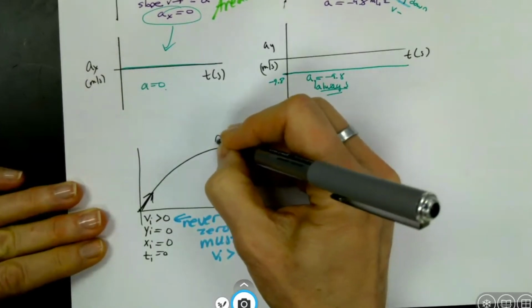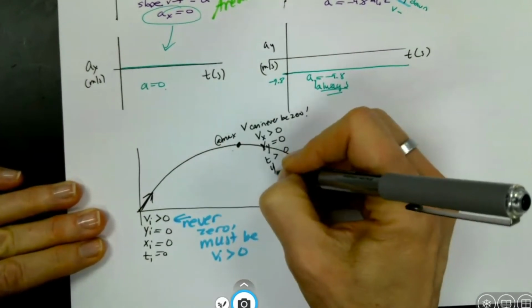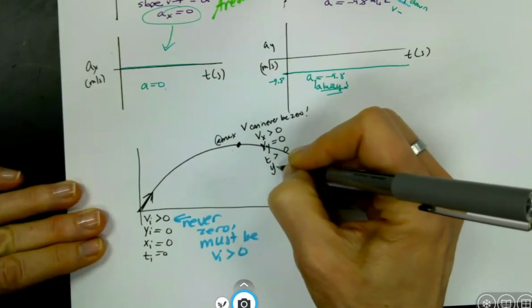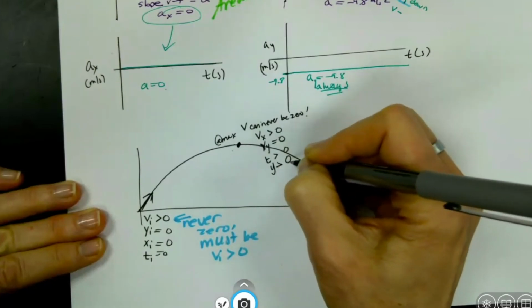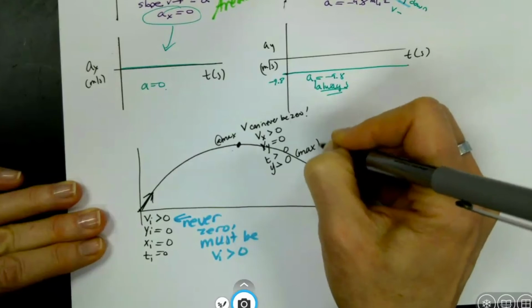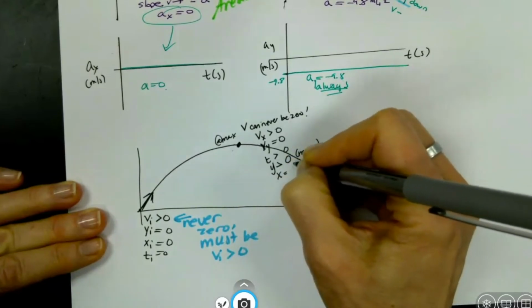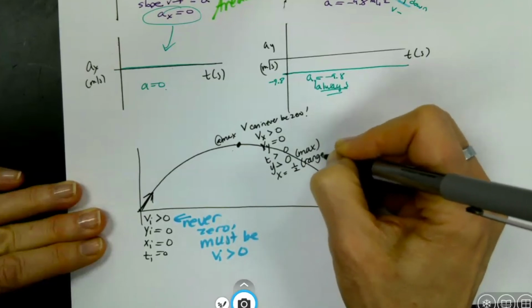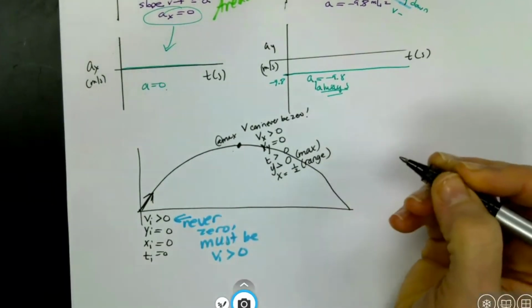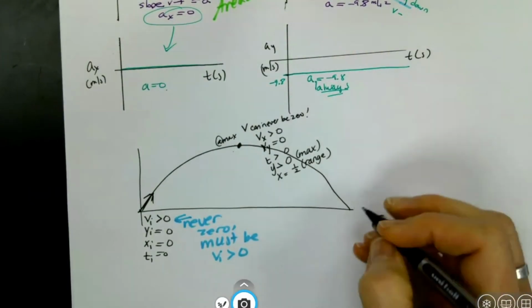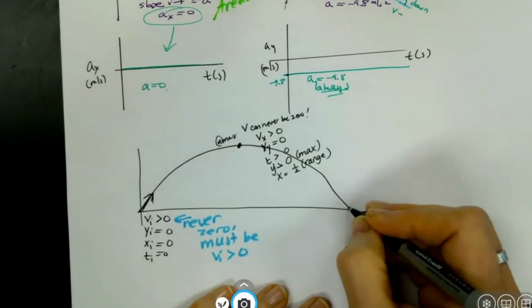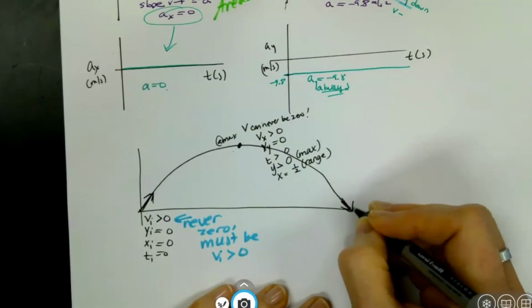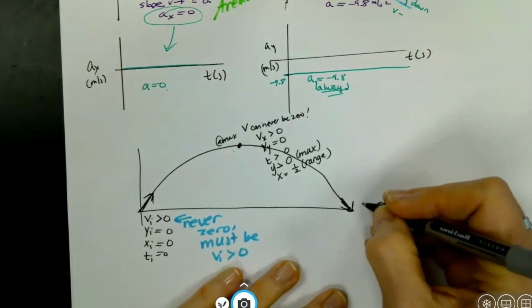This is at max. So this Y position is going to be greater than 0. This is its maximum. X is going to be half of the total. We're going to call that range, right? So we've got all of that. Here at the end, right, we're moving down right here, this last point here.